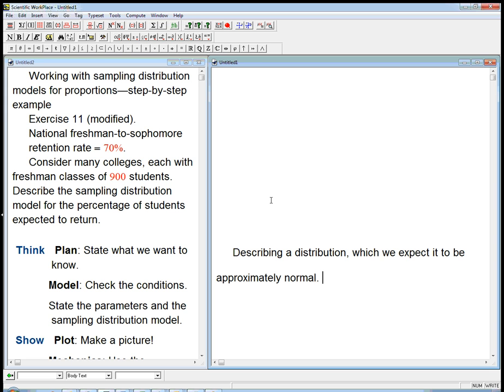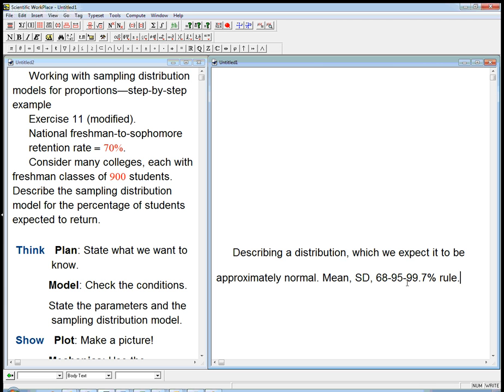And we'll go through exactly why that's going to be the case. We're going to look at the mean and the standard deviation, and then we can say some useful things about it based on the 68, 95, 99.7% rule. So that's the plan.